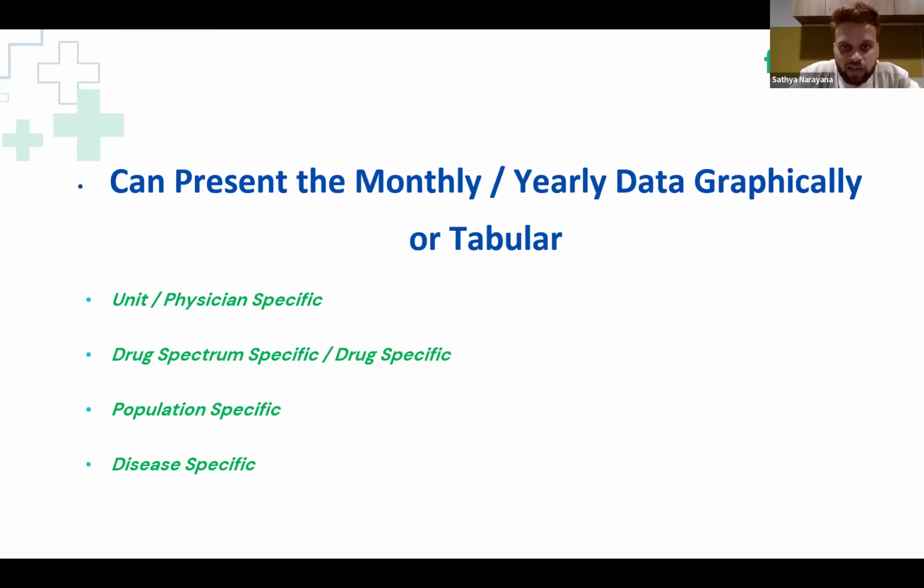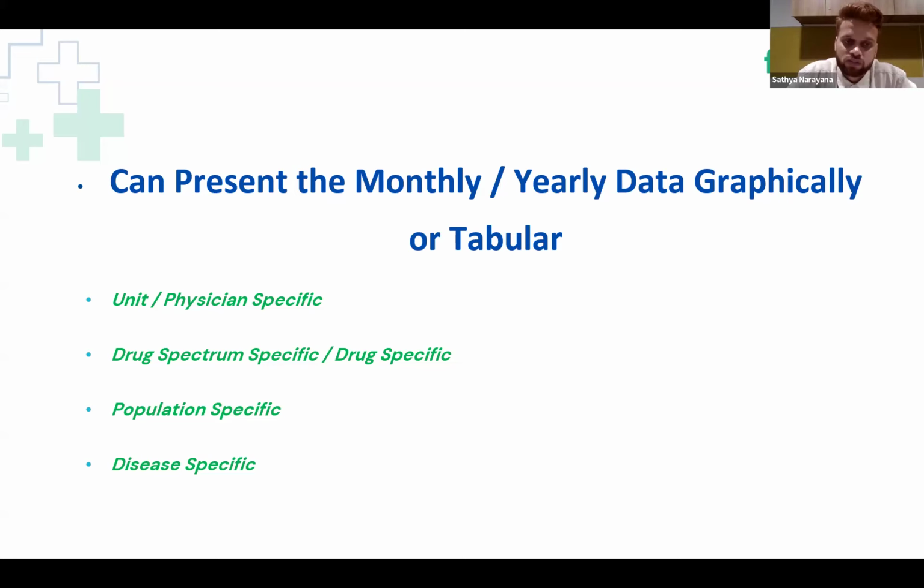As we discussed earlier, this DDD, DOT, LOT, all these can be presented in a graphical way, if not the tabular way, I mean tabular column. So it can be done in four different ways. That would be unit wise, if not drug spectrum wise. I mean, you can consider all gram positives or all gram negatives or anaerobic coverages.